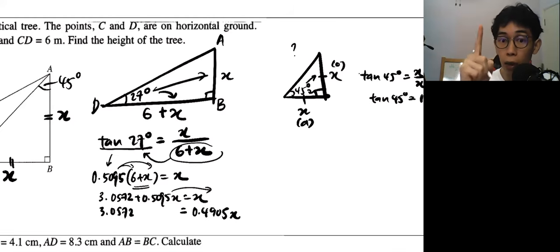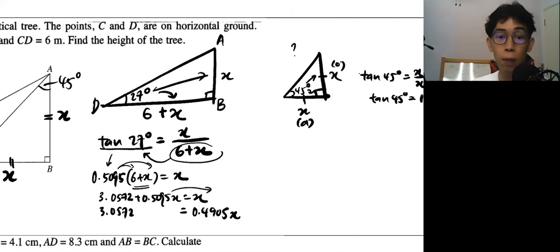Okay, now what is your x answer? Can you type it for me? I already wrote up to the final answer there. So what's your x answer? And x shows the AB, right? So AB is actually your three answer. So you will take 3.0572 divide by 0.4905.